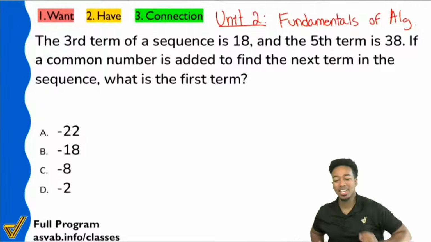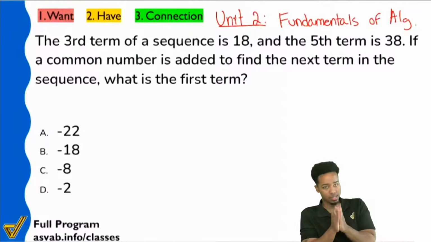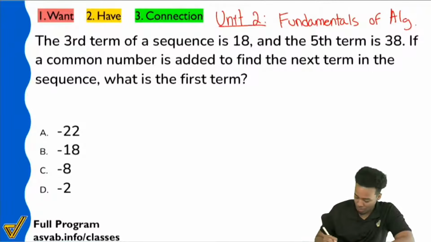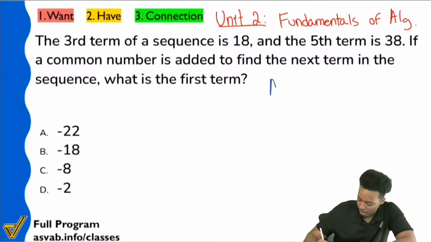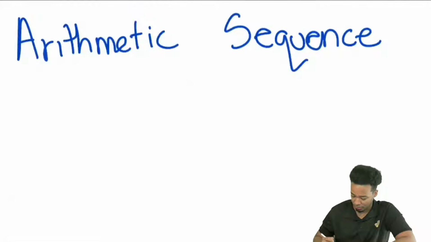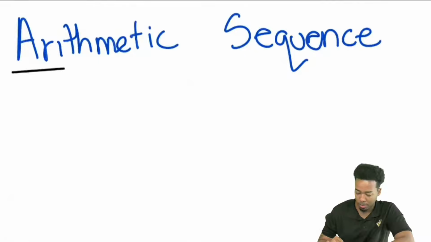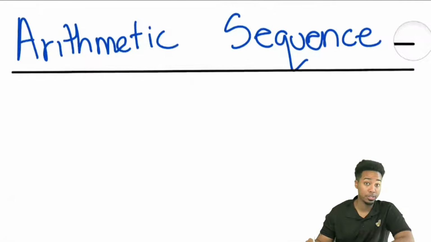So let's go ahead and check this out. So this is what's called, again, an arithmetic sequence. And I'm going to write this down for you in case you have any materials outside of my program that you have to continue helping you out with this. So again, this is about an arithmetic sequence. So what an arithmetic sequence is, let me go ahead and define this for you. An arithmetic sequence is pretty much a set of numbers that repeats in a pattern, okay?